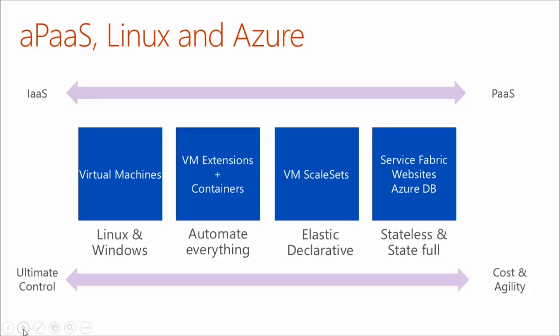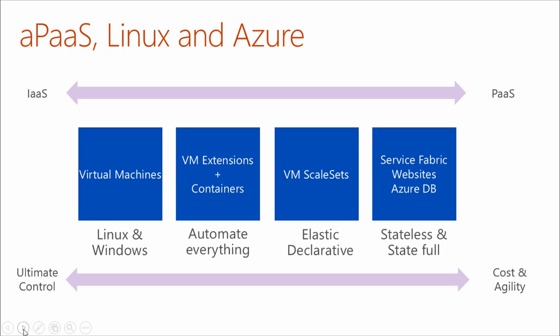All right, so how does it matter? How does it relate to Linux and how does it relate to Azure, right? So in terms of the continuum that we have in the Azure services, we like to think of the IaaS PaaS spectrum as one that is operating under two value propositions, right? The dial is IaaS, infrastructure as a service, which provides you ultimate control, a control that you want because your enterprise requirements require it.